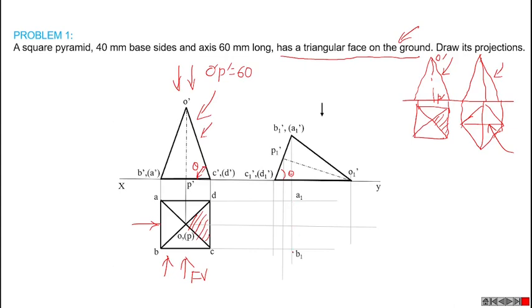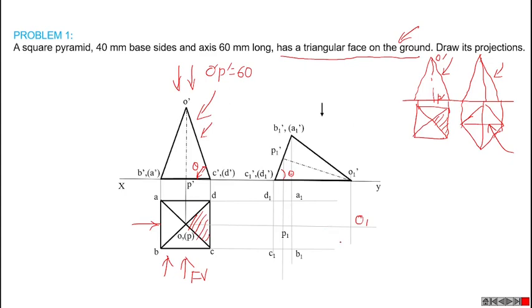Similarly, we can locate B1, C1, then D1. D1 is the meeting point of the projectors passing through D and D1 dash. Then we can locate P1, the axis point. This point will become O1.